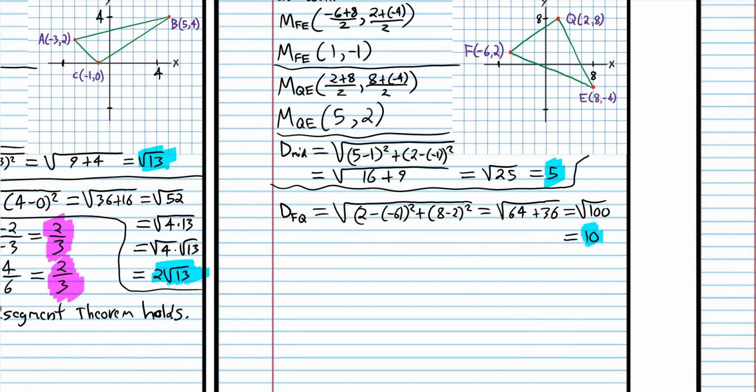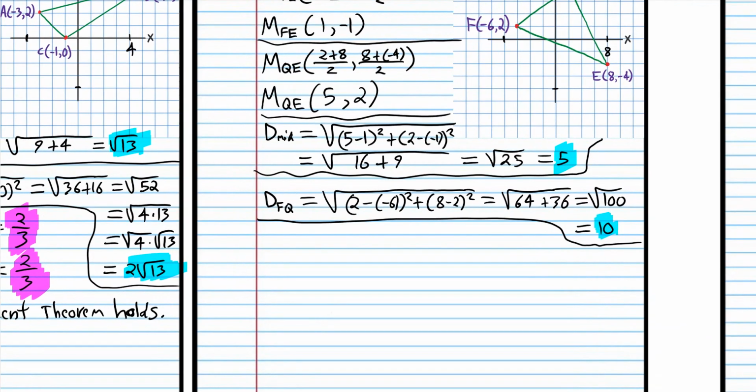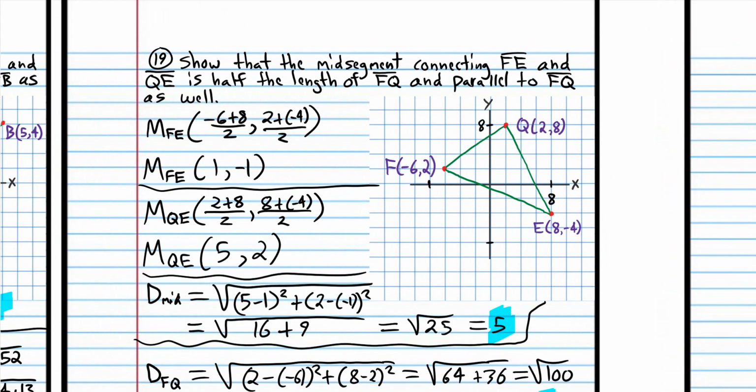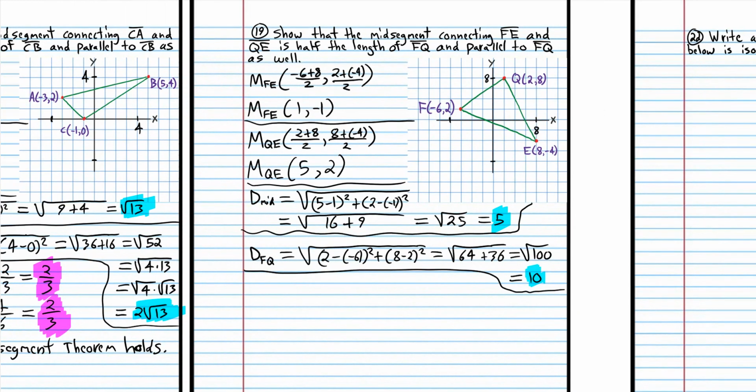So we showed that the midsegment theorem holds for this particular example, for at least when it comes to that characteristic. We need to show that they're parallel also. We need to show that this midsegment, wherever it is, is parallel to this side. So we're going to find the slope of the midsegment using this point and this point. I'm going to use QE as point 2, so that would be 2 minus -1 over 5 minus 1, which is 3 over 4.